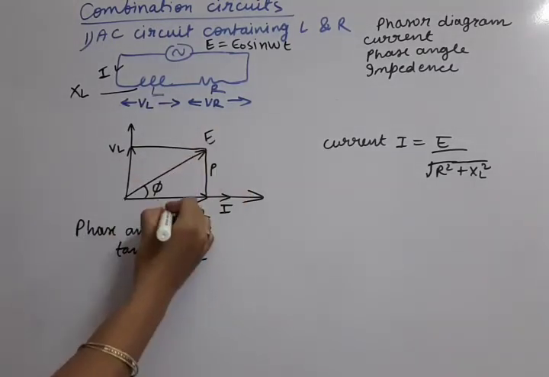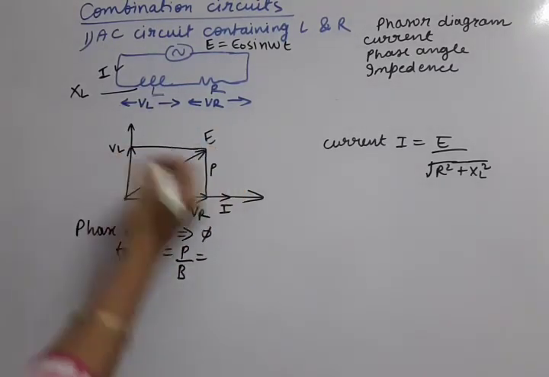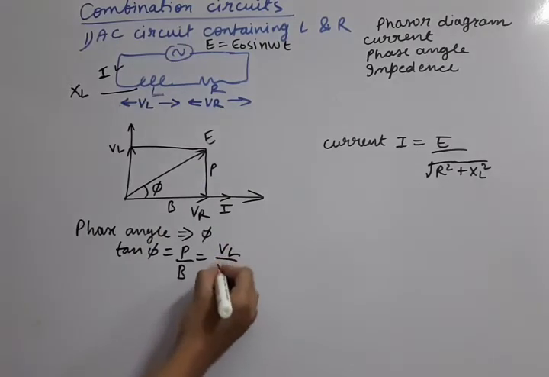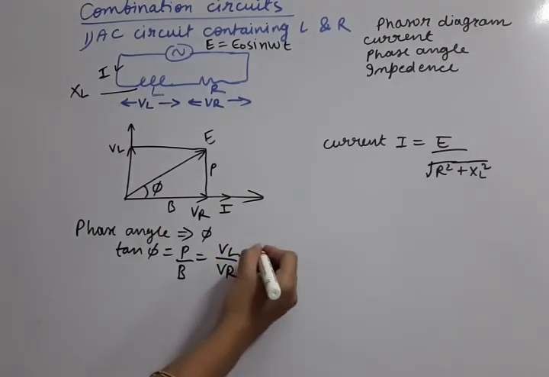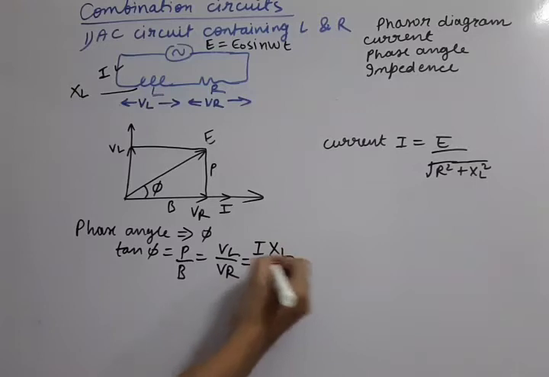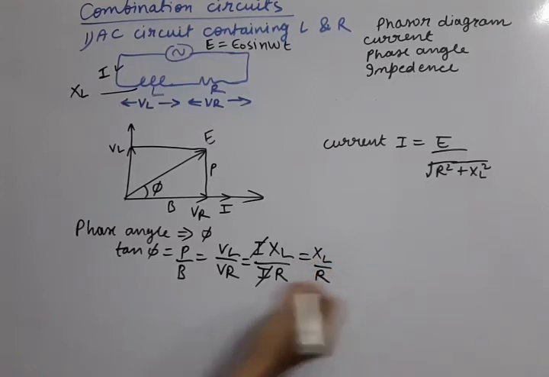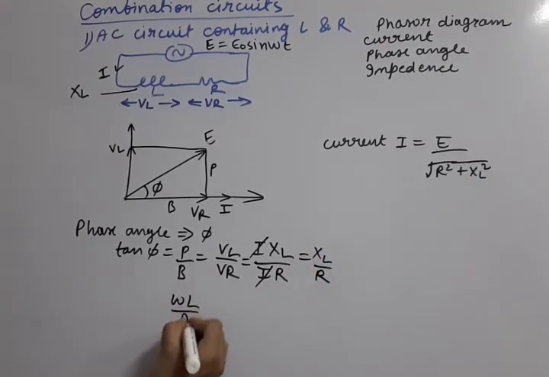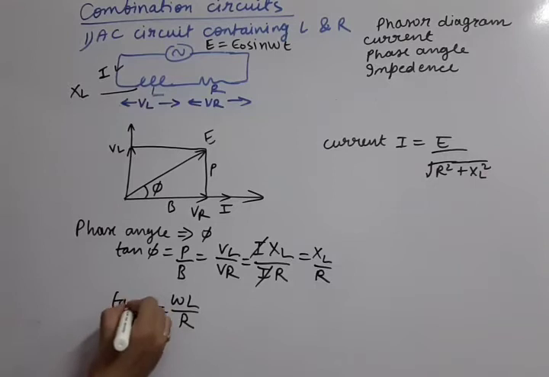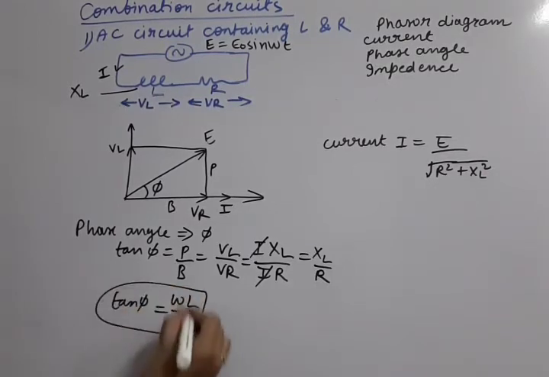Perpendicular is this, base is this. Perpendicular is equal to VL, base is equal to VR. VL is I into XL, VR is I into R, I cancelled. So finally XL by R, and XL is omega L. This you should remember that XL is equal to omega L. So the tan phi formula which we are obtaining is omega L by R.